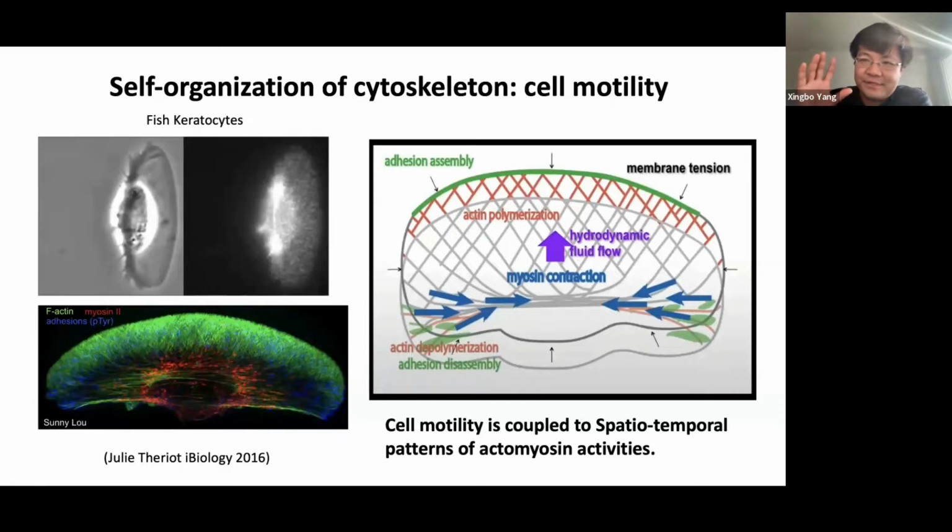And different cells actually have slight differences in organizing these actomyosin networks to have motility. For example, the keratocytes, the fast motile cells, have this particular pattern. So this just gives you an idea of this very dynamic pattern in space and time.